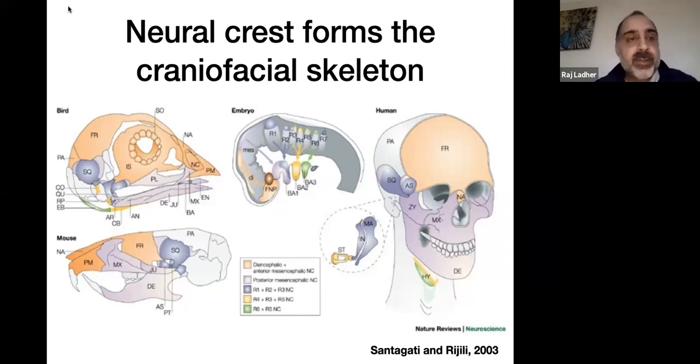Okay, so rhombomeres are a similar organizational subunit in the hindbrain. They're bulges in the hindbrain that give rise to various components. They're segments within the hindbrain, and you can look them up if you haven't been introduced to them.